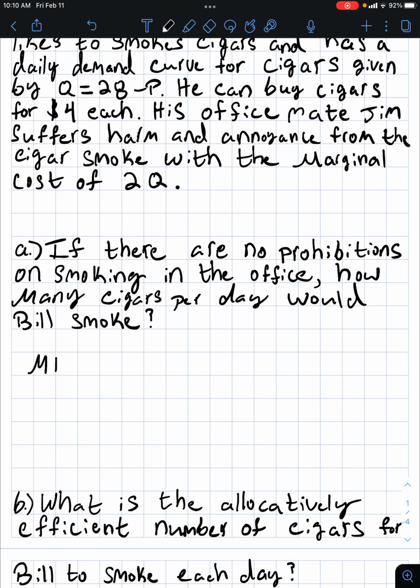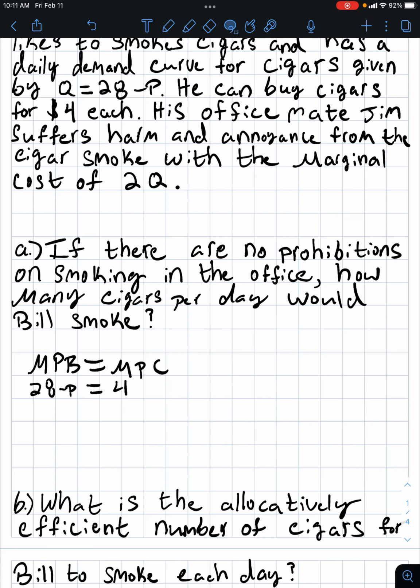So we need to set Bill's marginal private benefit equal to his marginal private cost. What is Bill's marginal private benefit? Well, that's his demand for cigars, which is given as 28 minus P. And this is going to be equal to his marginal private cost, and Bill can buy the cigars for $4 each.